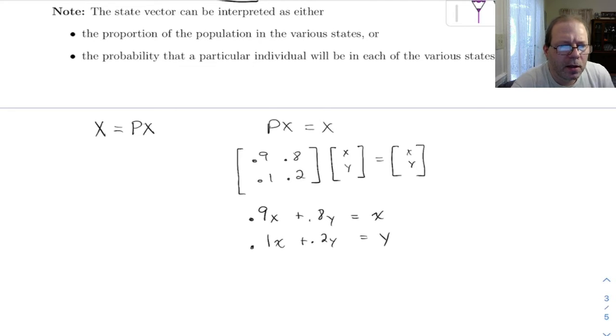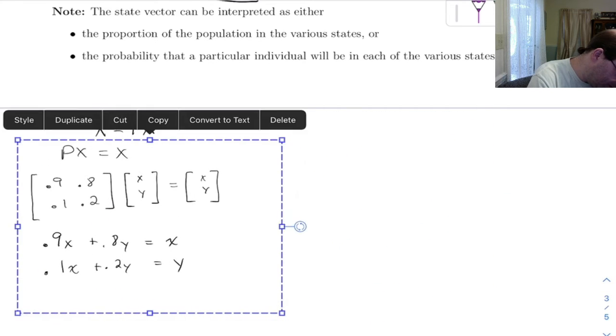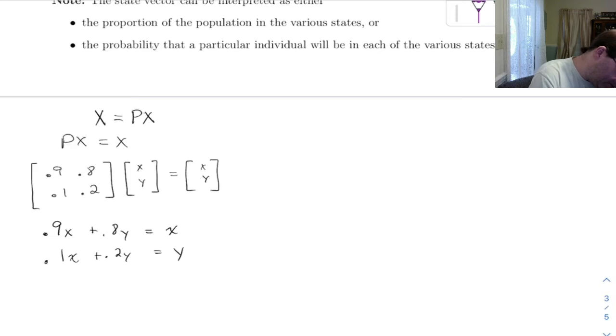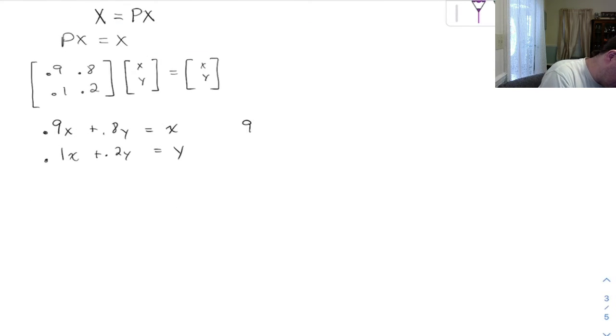All right. Before I do anything else, let's get rid of these decimals. I'm going to multiply both of them by 10. So multiplying by 10, you get 9x + 8y = 10x, and x + 2y = 10y.